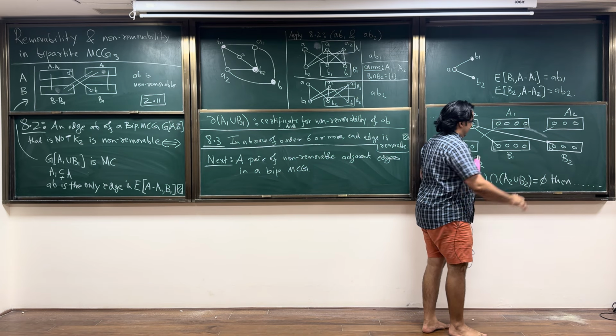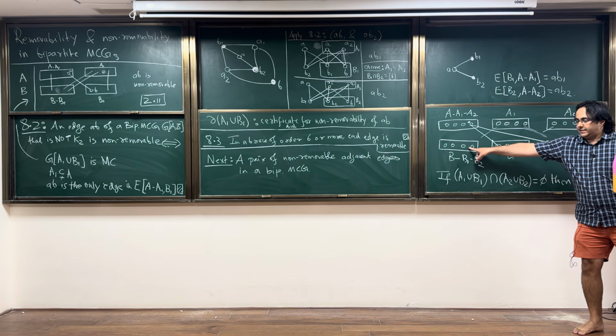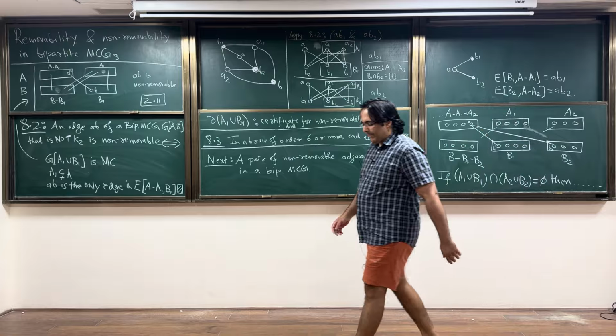Yes, you're right. From A2 we can have edges, but not to B1 again. From A2 the edges can only go to this set. So the neighborhood of A1 is equal to B1 and maybe some vertices from B minus B1. Yes, that's right, that's a good point.